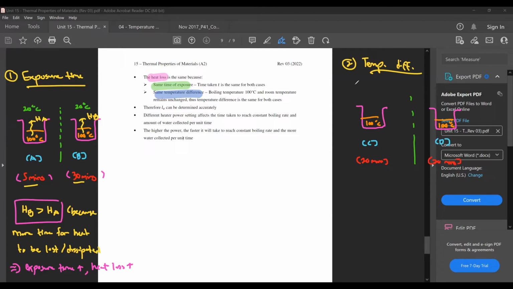So the only thing that's different here now is the room in which I place these two beakers. If the room that I place these two beakers in is different, the temperature is different. Say maybe in one room, the temperature was 20 degrees centigrade.